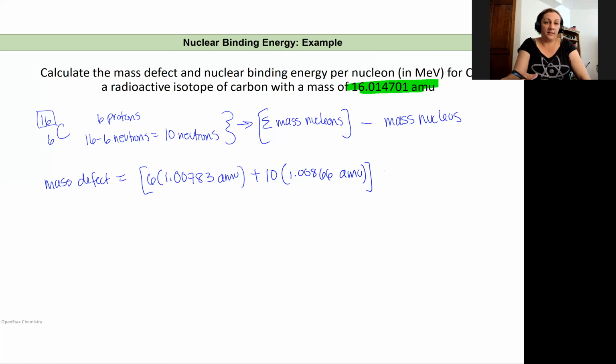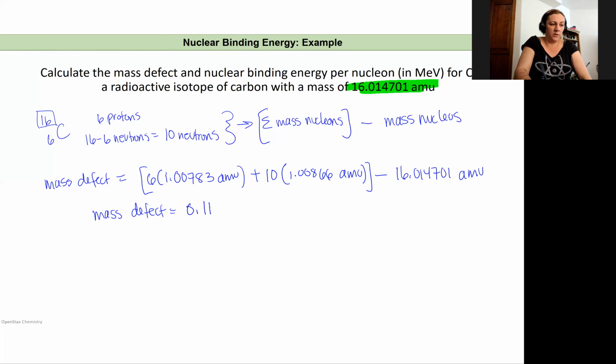And from that, I'll subtract the mass of the nucleus, which is that 16.014701 atomic mass units. And so my mass defect is equal to 0.118879 atomic mass units.